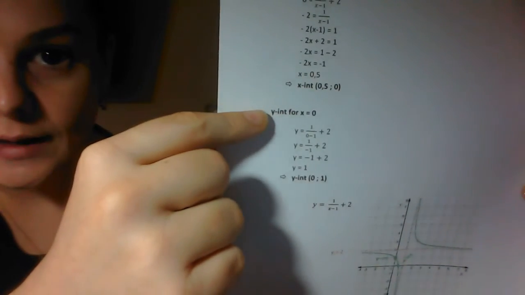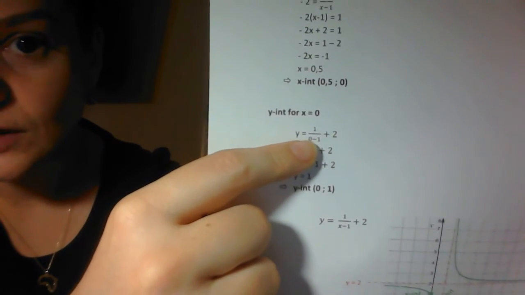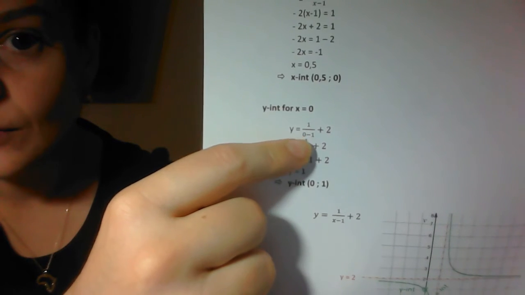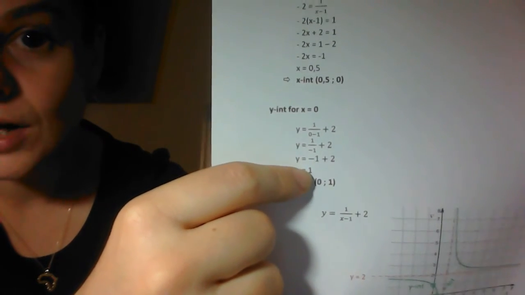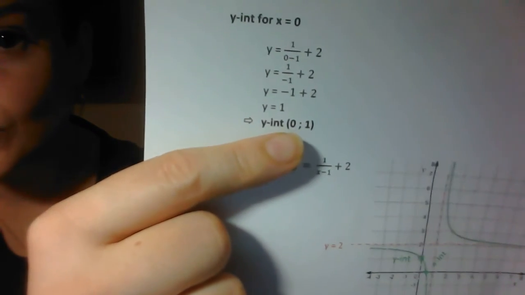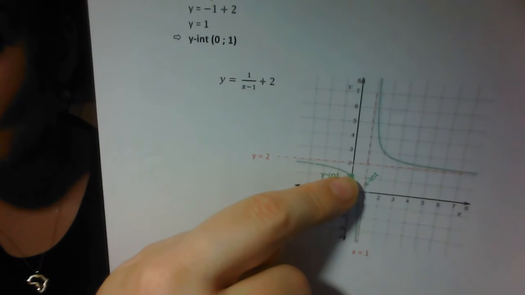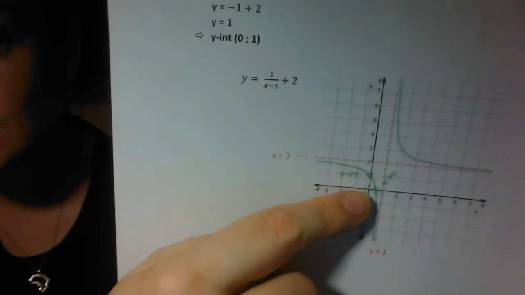Same for the y-intercept. This time the x is 0. So you take your equation, substitute the x with a 0, calculate the value of the y, and that y-intercept has coordinates 0, 1. Here it crosses the y-axis at the point 0 for x, 1 for y.